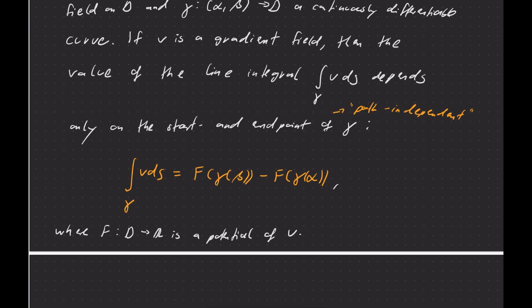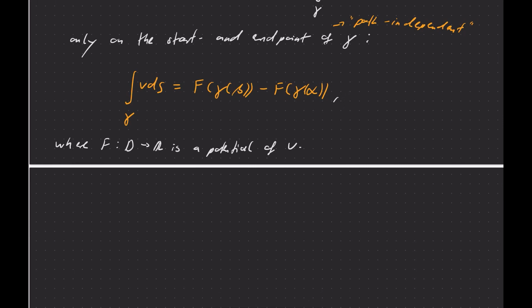And in particular, so note one more point, that also means if we have a closed curve, a curve where start and end point are equal, so like a circle, for example, then the integral along that path is always 0, because we evaluate capital F at the same point, so the difference needs to be 0 necessarily.